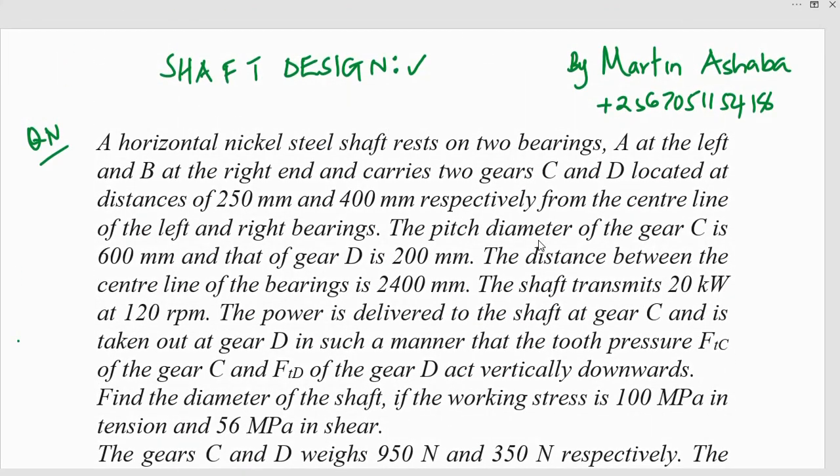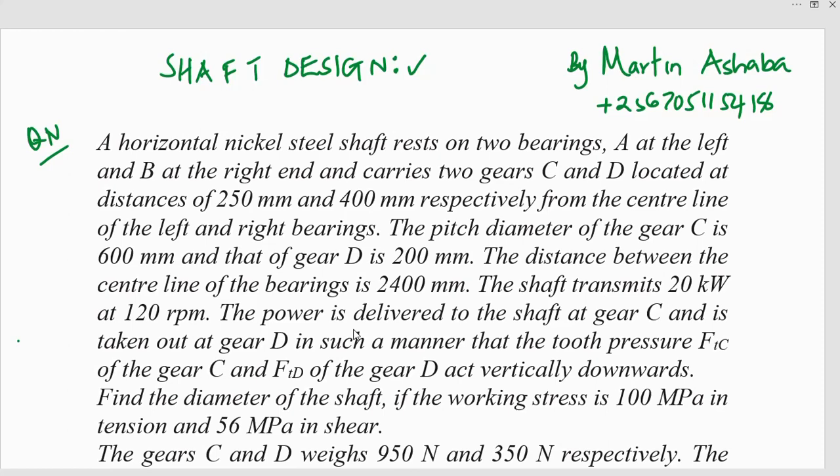The pitch diameter of gear C is 600 millimeters, and that of gear D is 200 millimeters. The distance between the center line of the bearings is 2,400 millimeters, and the shaft transmits 20 kilowatts of power at 120 revolutions per minute.